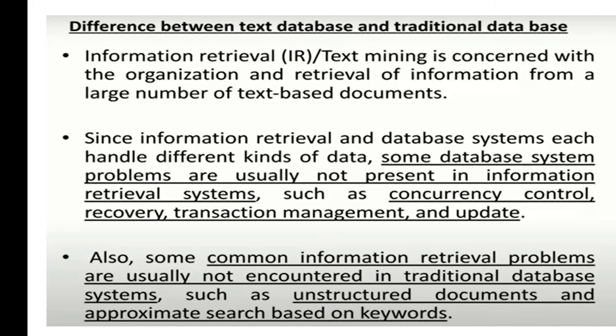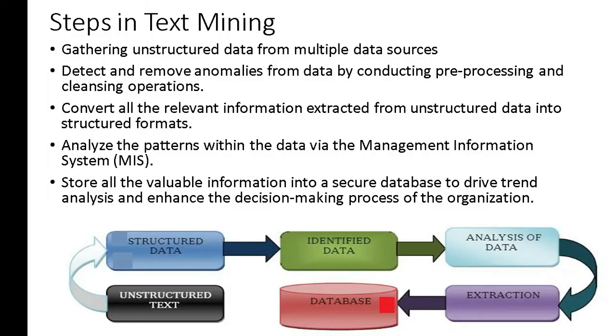These problems will not be there in information retrieval. Some common information retrieval problems are usually not encountered in traditional database systems, such as unstructured documents and approximate search based on keywords, which is not available in a traditional database. This is asked in many question papers, so you have to study this.